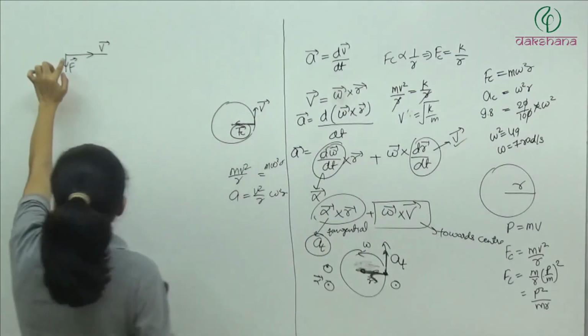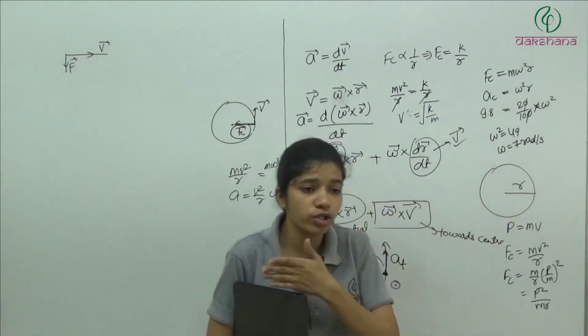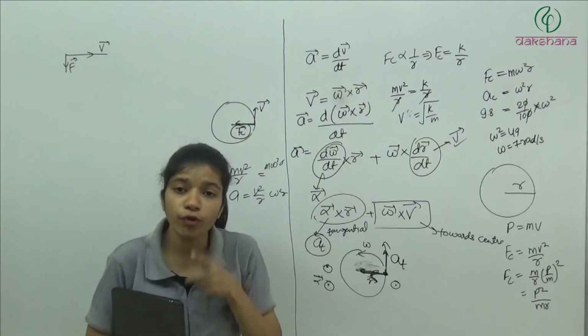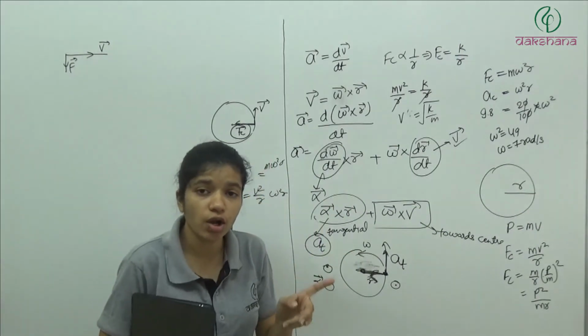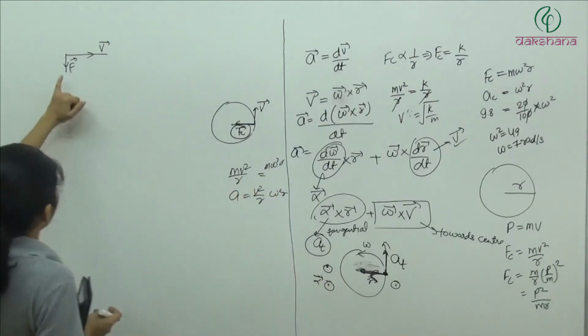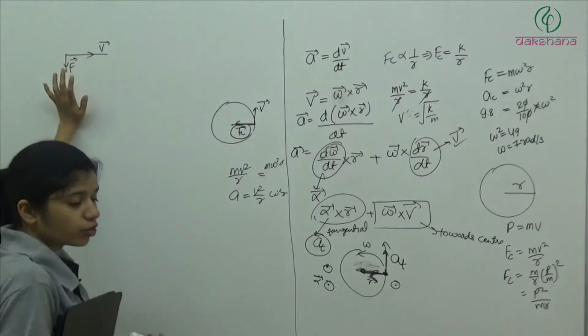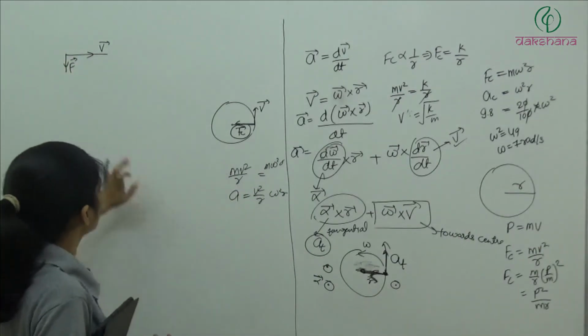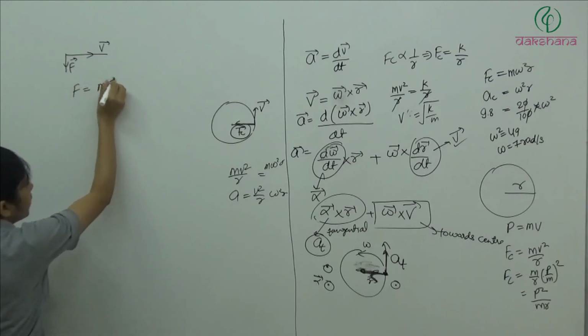So consider the force which is perpendicular to the direction of velocity. You were going nicely in one direction, suddenly a force started changing your direction. Which force will change your direction? The force which is perpendicular to the direction of your velocity. So for finding the radius of curvature, we have to focus on the force perpendicular to the velocity, clear? So here we have this force. Now equate this force with mv square by r.